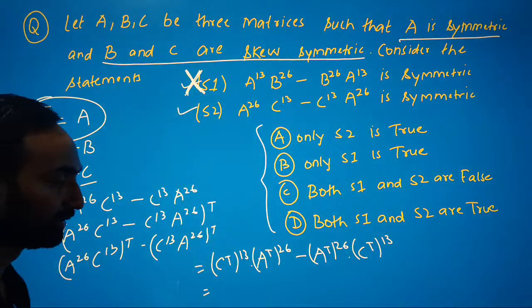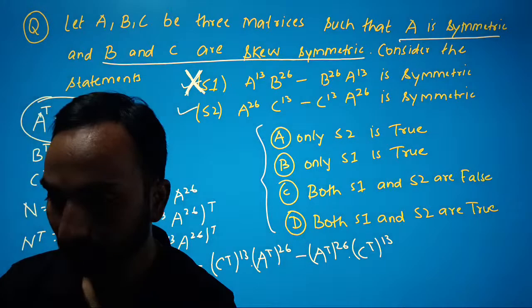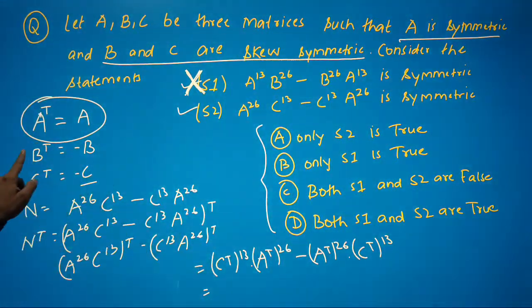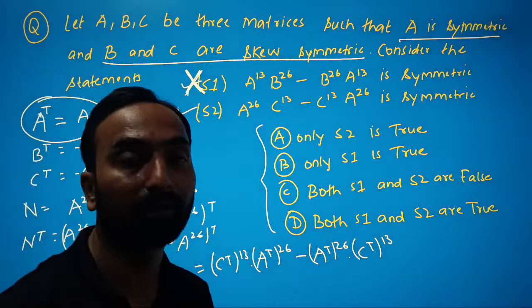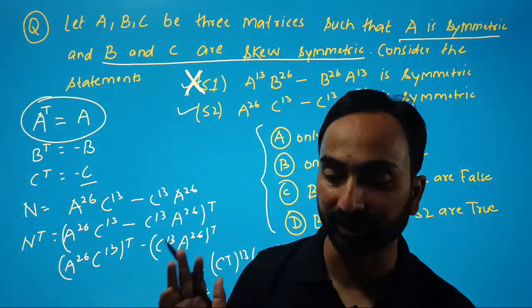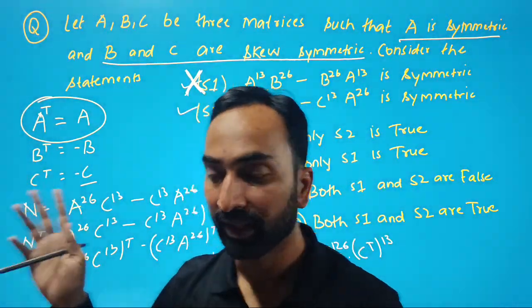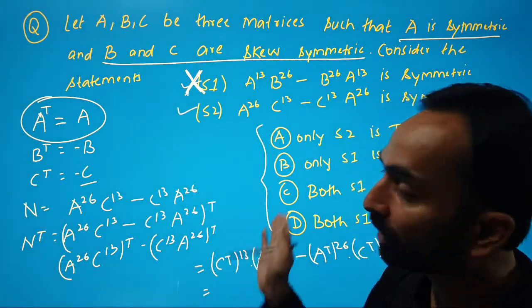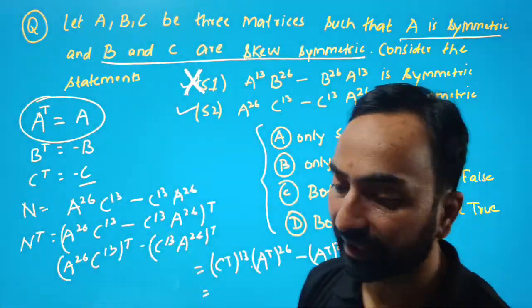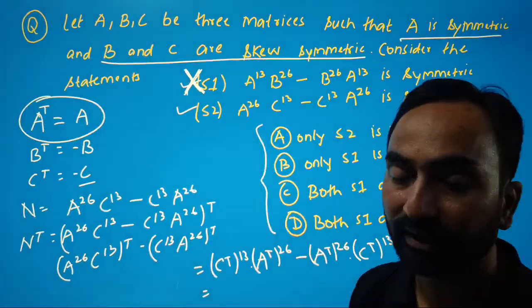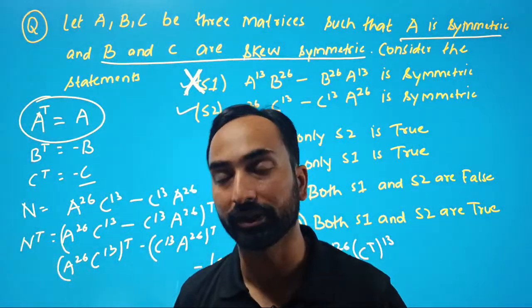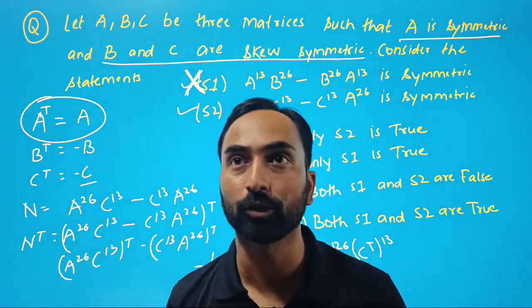Now C transpose is what? C transpose is equal to minus of C. In case of an even power like 14, I can write it either as C to the power 14 or as minus C to the power 14.